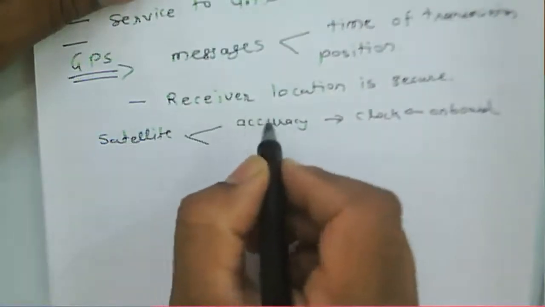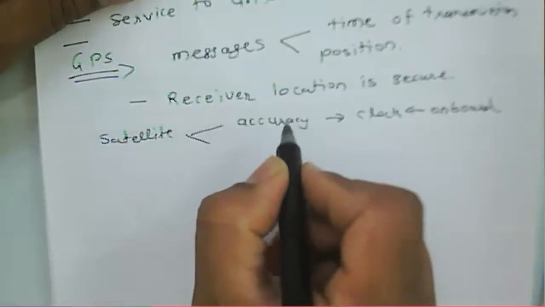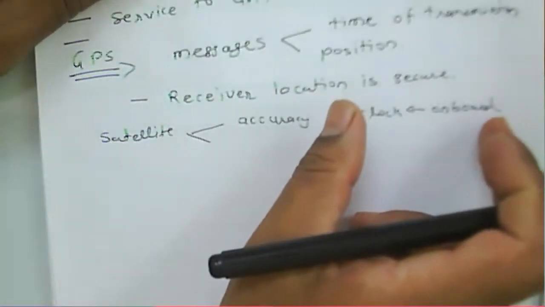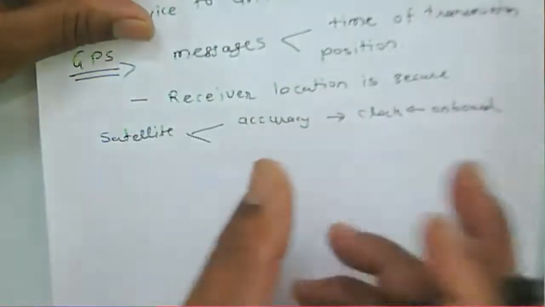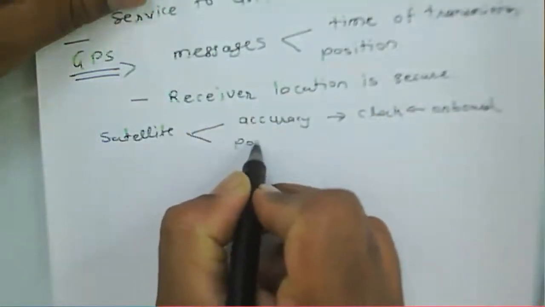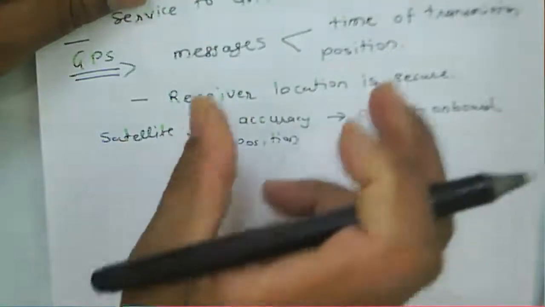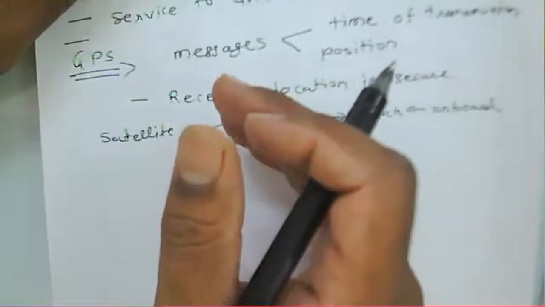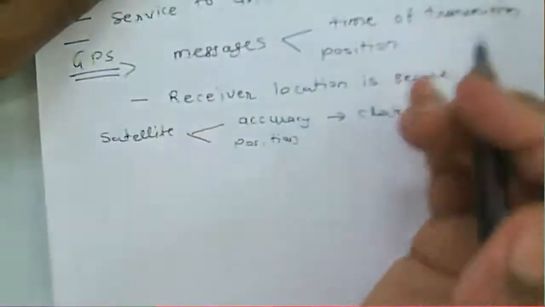They transmit the information with an accuracy, and then they have the position, in terms of a precise location.